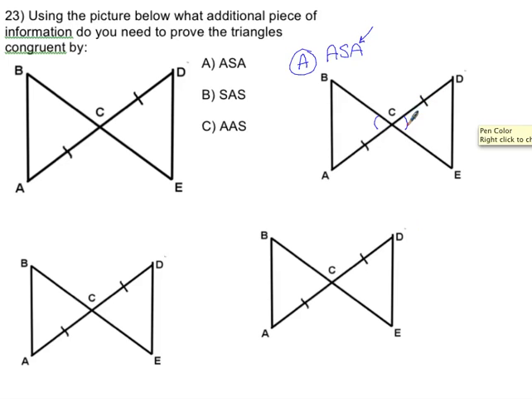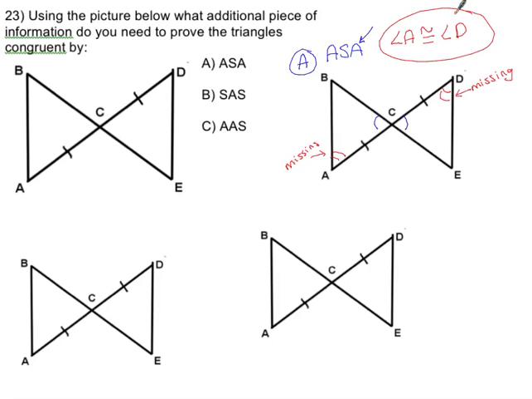So in order to go angle, side, angle, I'm missing D. So to answer question A, I need to know that angle A is congruent to angle D.